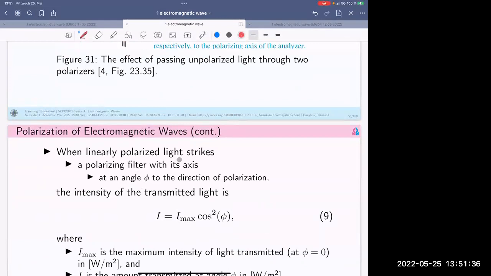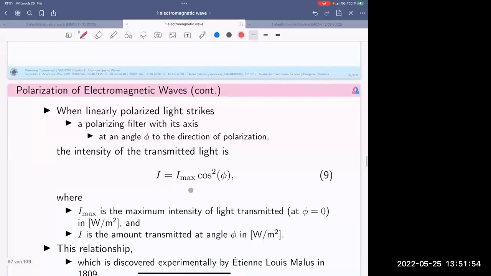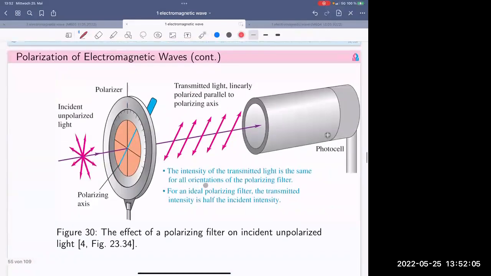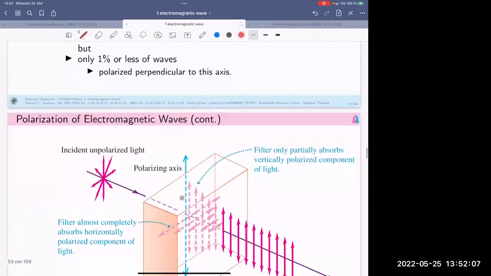When linearly polarized light strikes a polarizing filter with its axis at angle phi to the direction of polarization, the intensity of the transmitted signal will be equal to I max, the maximum value of intensity, times cosine square phi.